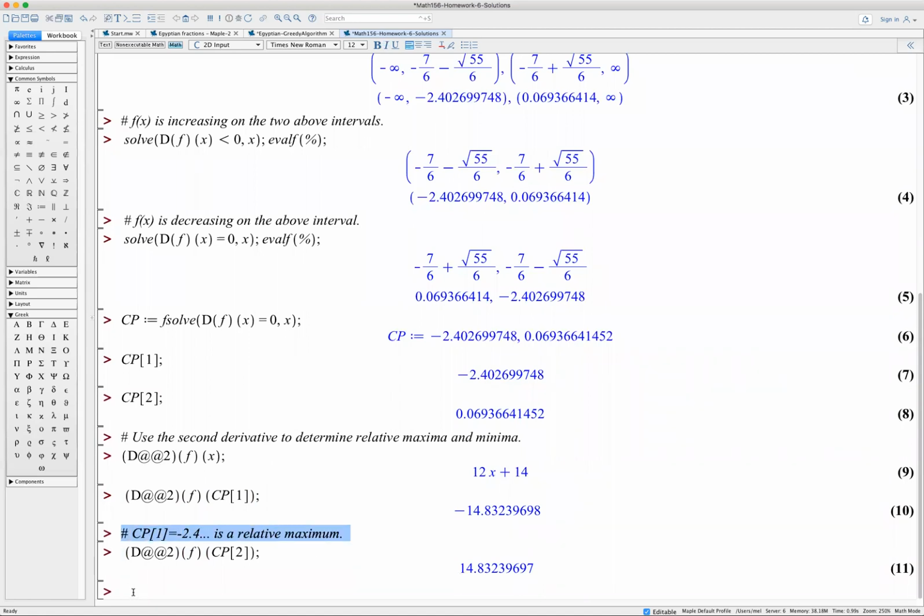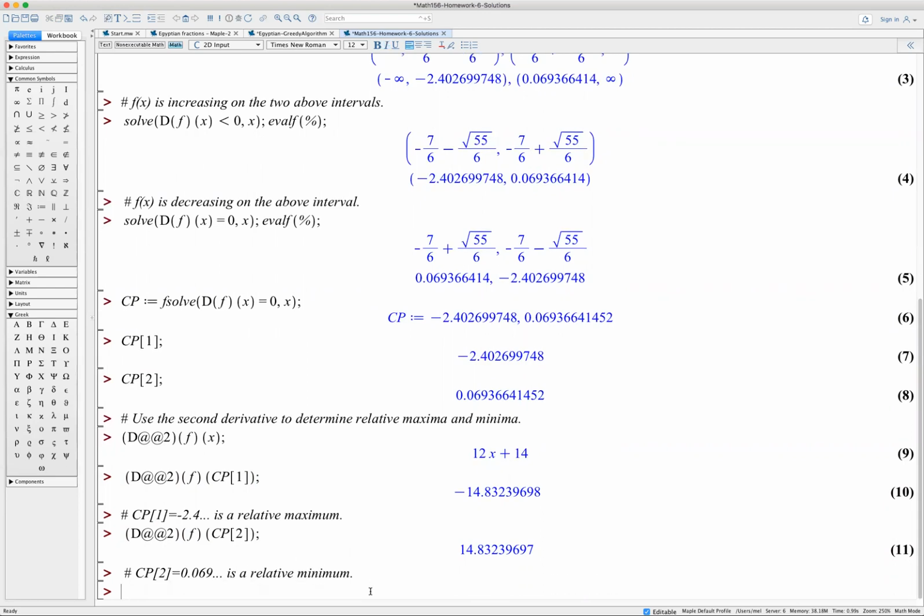So the second critical point, which is 0.069, is a relative minimum. So we found the intervals where the curve is increasing and decreasing, and the relative max and min.